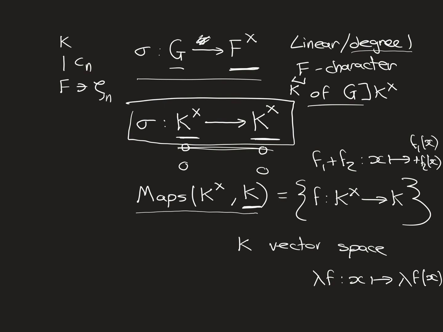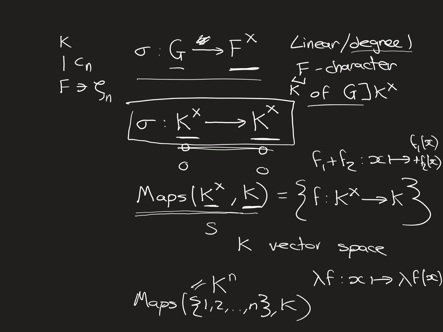This is a well-recognized fact, that spaces of functions from any set form a vector space, and you could have replaced this with any set you like. Indeed, the finite dimensional k vector spaces, k to the n, you can see as the space of maps from the set of n things, 1, 2, all the way up to n, into k. That's another way of viewing those finite dimensional vector spaces.